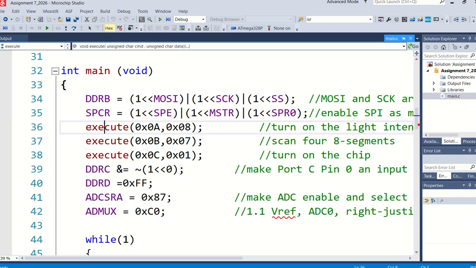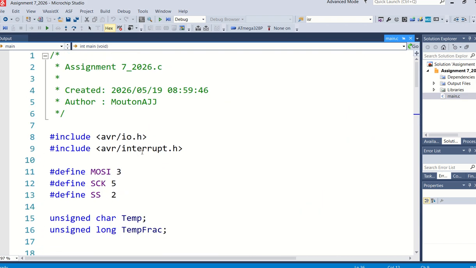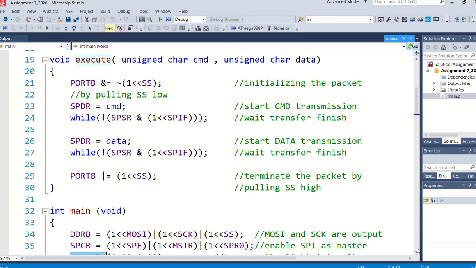Let me just talk about this execute again. I'm not going to explain the function. Maybe what I should do is quickly step through the program, and then I'll come back right to the top again. So this is my program.